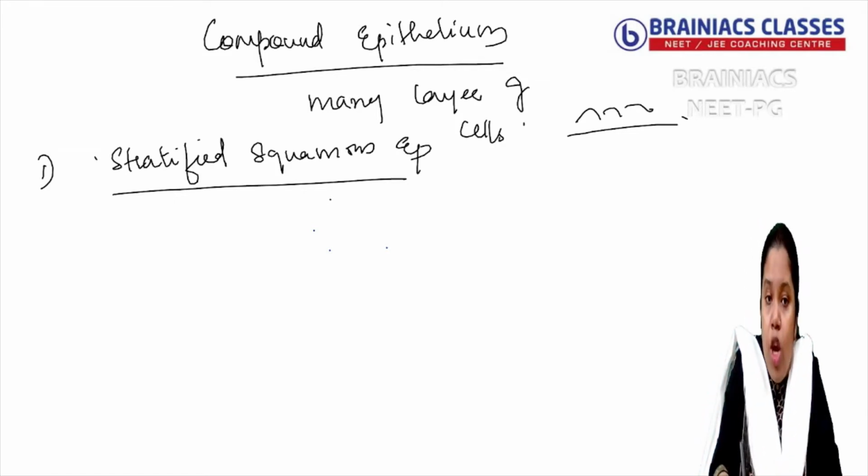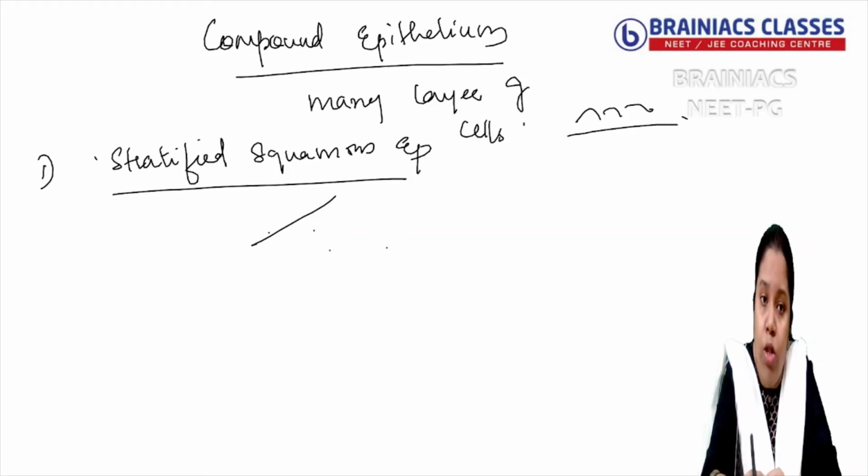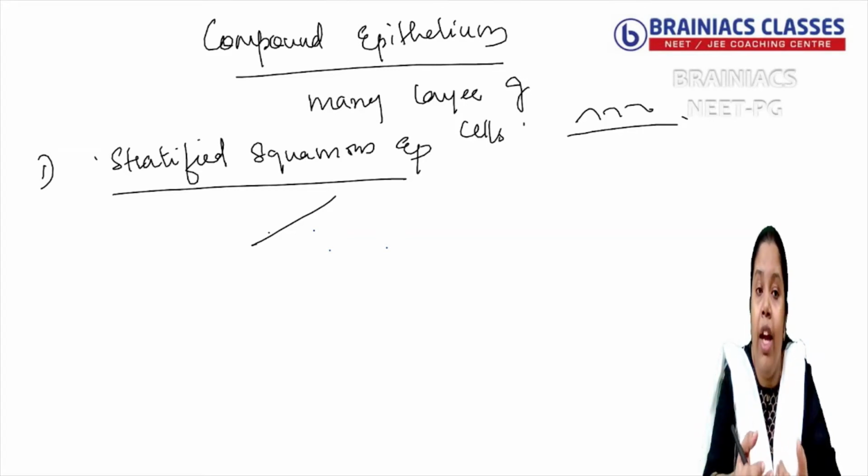In stratified squamous epithelium, the cells present outside, usually the skin, will have an external deposition of keratin. The cells present on the external surface will have keratin deposition. This is to protect the cells.